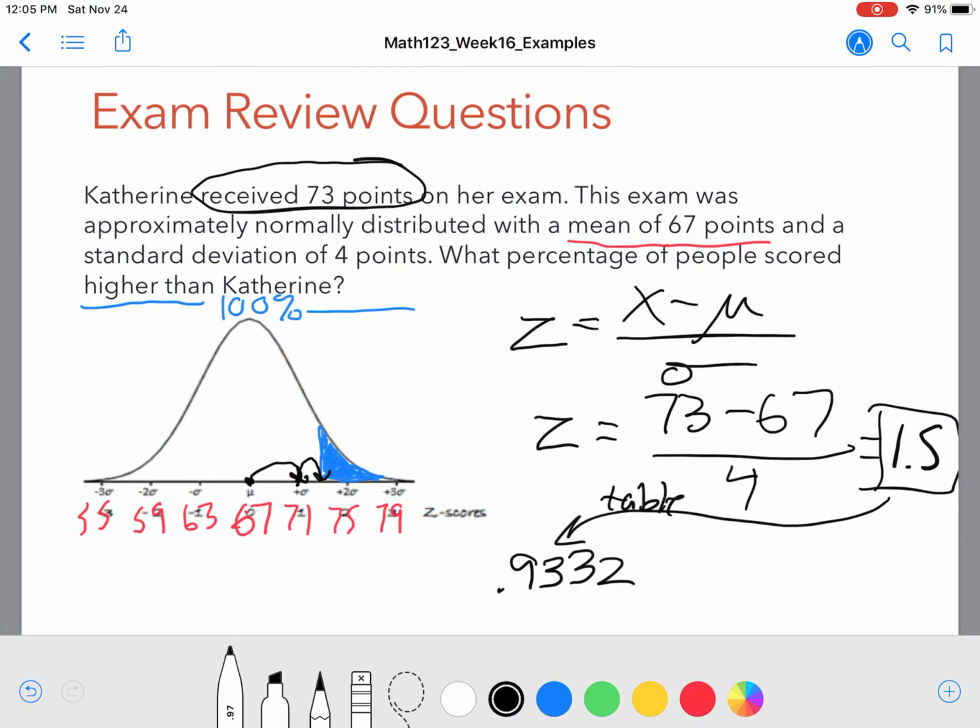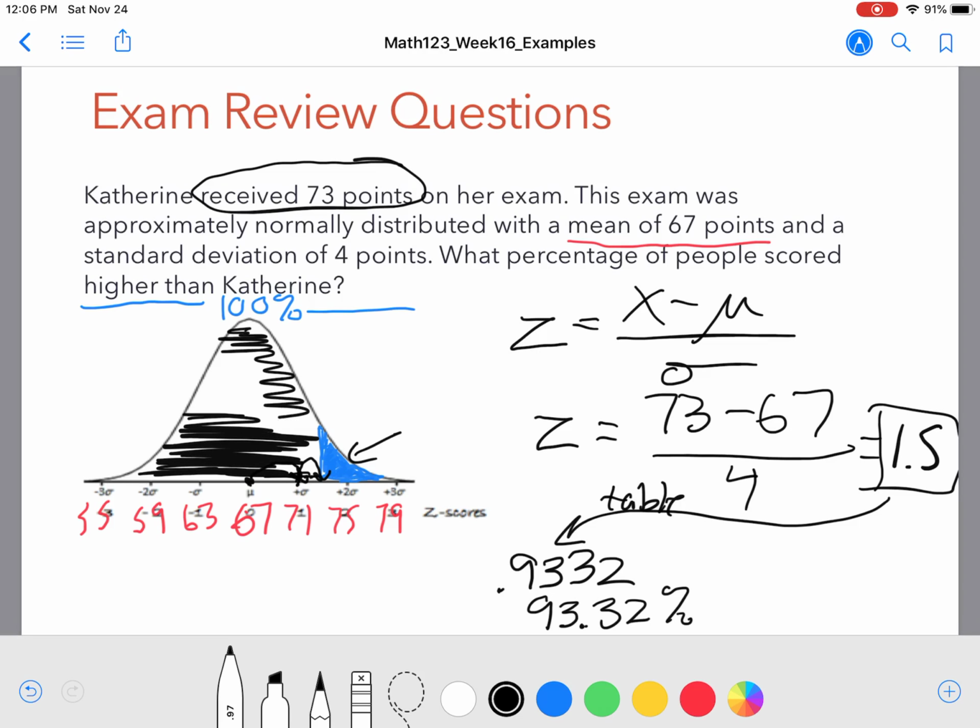Now, if you think about it for just a minute here, that would be 93.32%. All right, so if we gave that as our answer, that would say that this little blue part right here is 93.32%, but that doesn't seem quite right because this looks like a really, really small percentage. So actually what we found, and what we always end up finding, is the part that's to the left. So we found this whole shaded area.